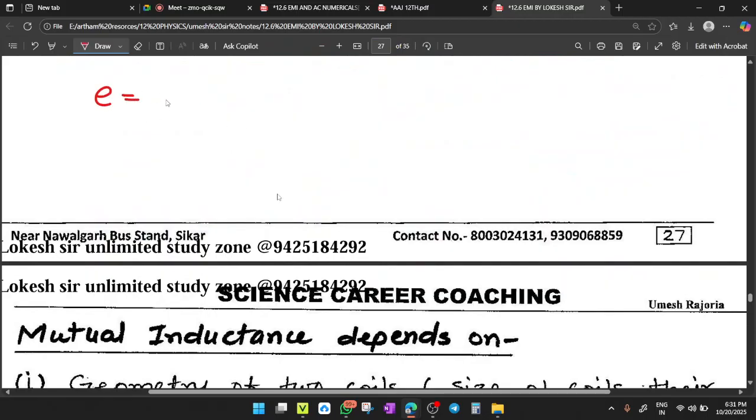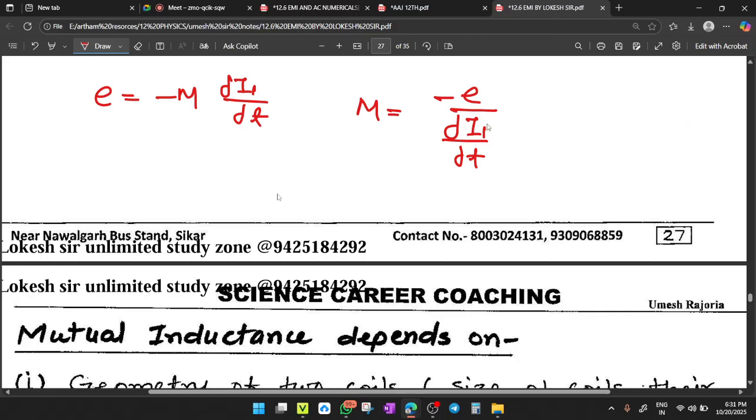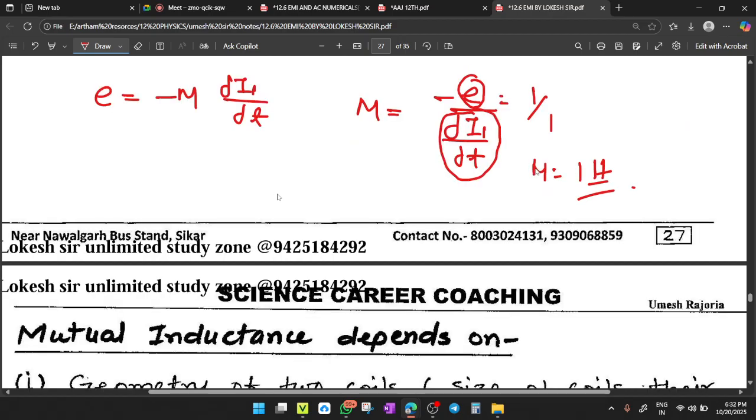Because E equals minus M dI1 upon dt, so M equals minus E upon dI1 upon dt. Now take the rate of current as 1 ampere per second and EMF as 1, so this equals 1 by 1. So M equals how much? 1 Henry. Done. So M equals 1 Henry.